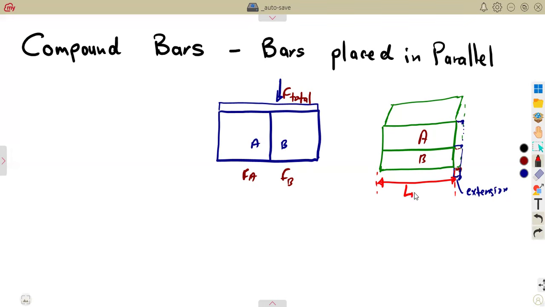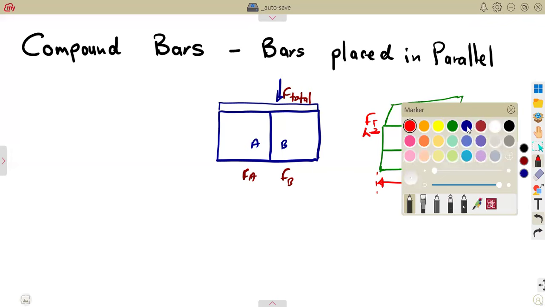So the length of A will be the same as the length at B. Same as the extension. The extension of A is the same as the extension affecting B in a parallel combination, if the force is being applied and considering this to be our total force. So that is the only condition that has happened.